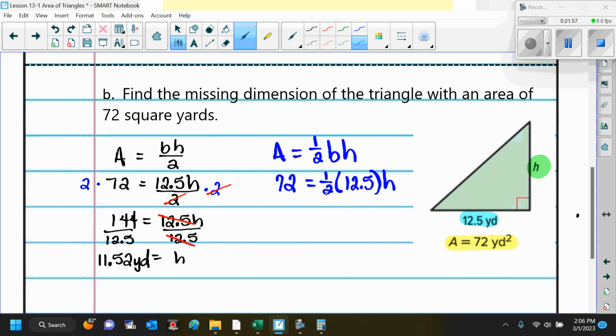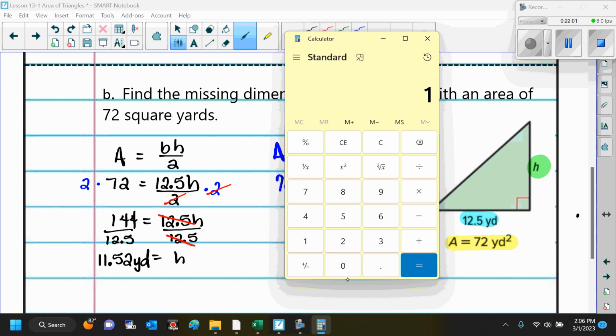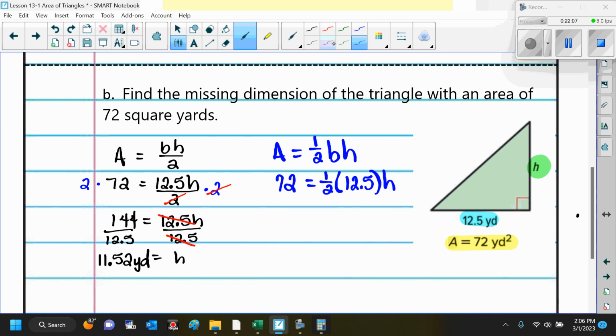Now, you can see we want half of 12.5. Okay? So 12.5 divided by 2, that gives us 6.25. So here we've got 72 is equal to 6.25 times H. Okay, because again, all we did was take half of this to get 6.25.